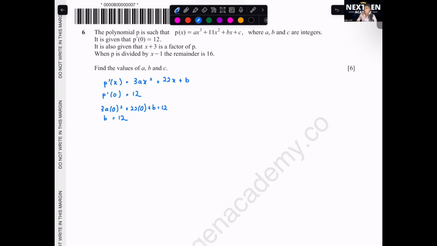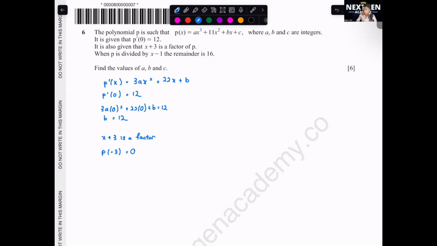It is also given that x + 3 is a factor of p. Because of this sentence, x + 3 is a factor, so we can say that p(−3) is equal to 0. This is according to our factor theorem.